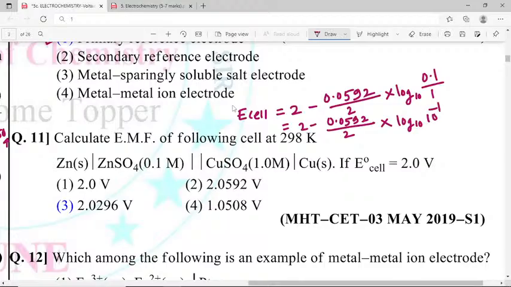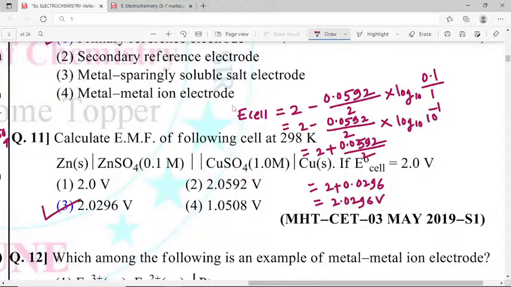Minus 1 becomes plus, so 2 plus 0.0592 divided by 2, which is 0.0296. So it is equal to 2.0296 volt. Option number 3 is correct.